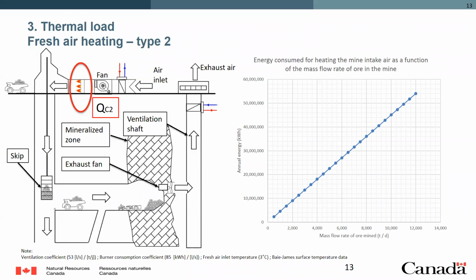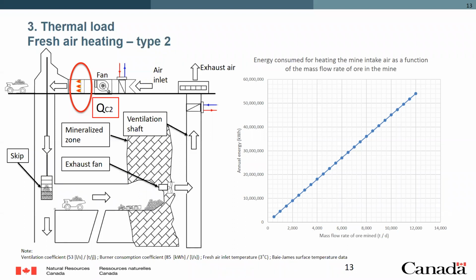The other, type 2, is for example the fresh air heating. Normally, it's very popular in Ontario to see heaters installed in the fresh air, mainly for the winter and shoulder seasons, where the inlet temperatures usually have to be in the range of 3 degrees or 5 degrees. The surface temperatures at that time of the year will probably vary between -30 to +3, and then you'll need to compensate that difference with burners, right?